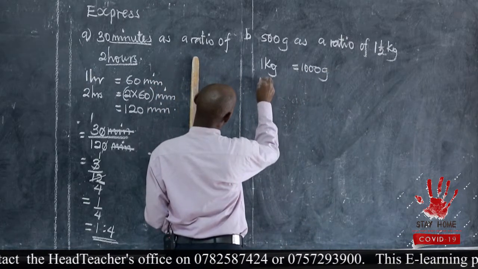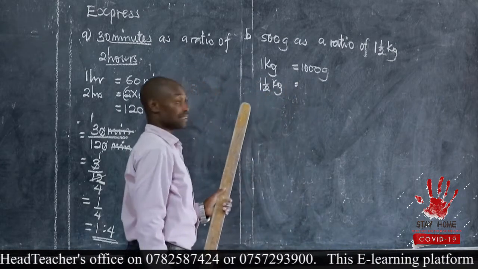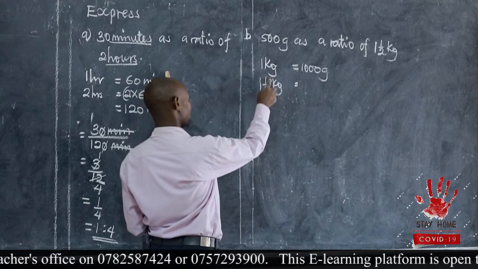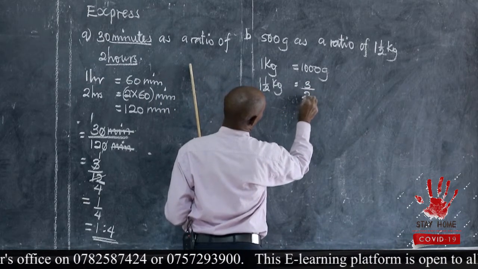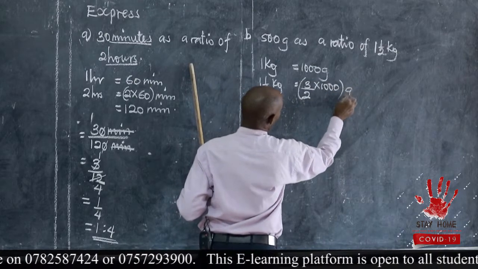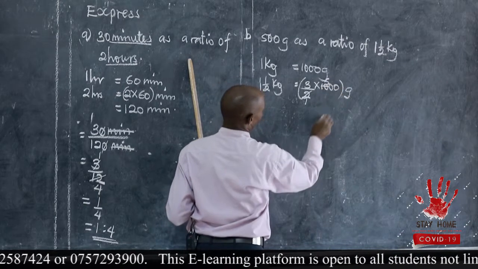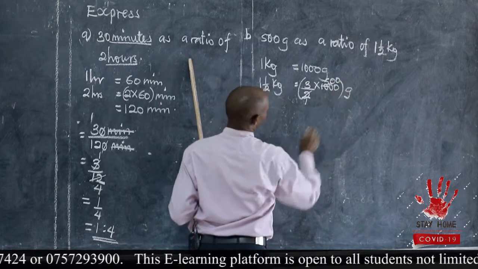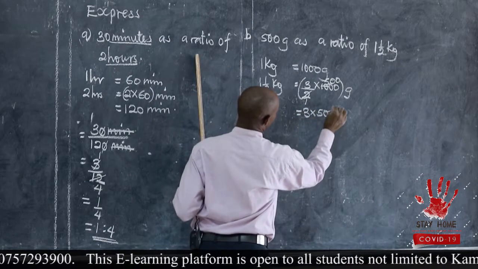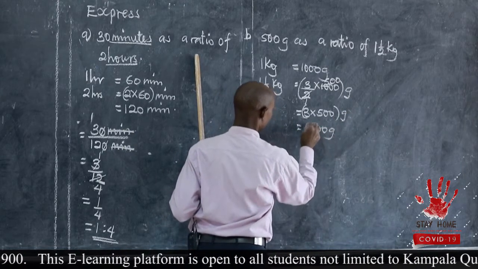What about if we have 1.5 kilograms? You remember how to convert this? Change this one into an improper fraction. 2 times 1, that is 2, plus 1, that is 3 out of 2. Then we multiply it by 1,000. Divide by 2, 1. Divide by 2, 5. Plus the 2 zeros there. So we shall have 3 times 500 grams, which is going to give us 1,500 grams.